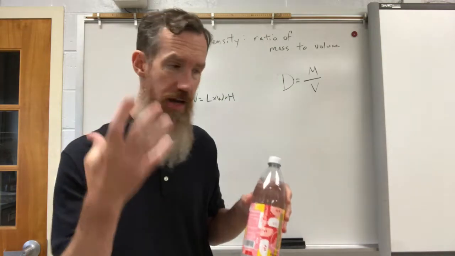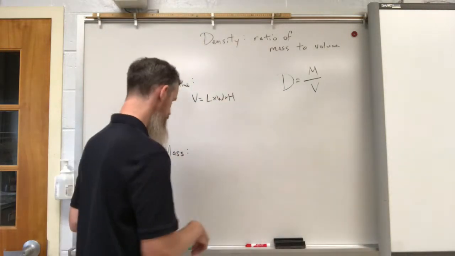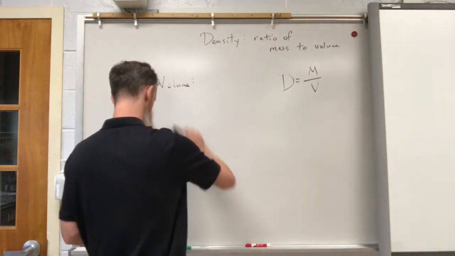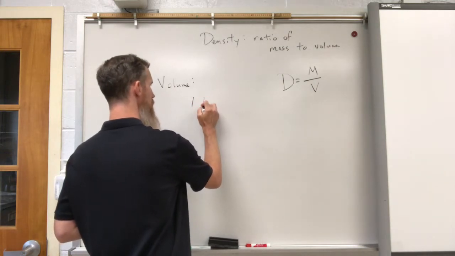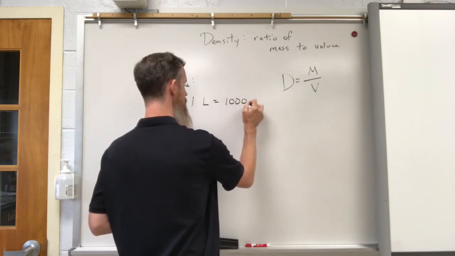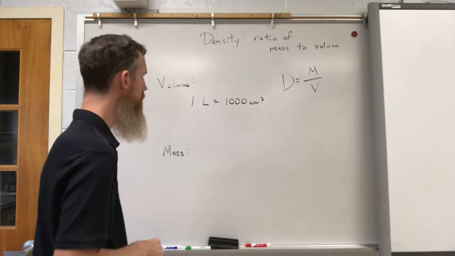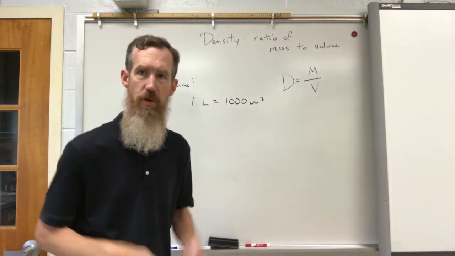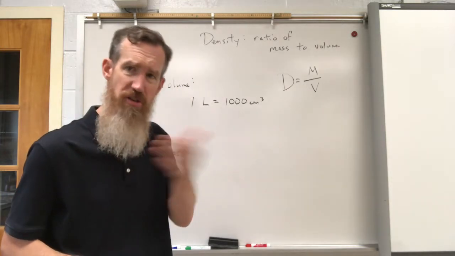So we have two kinds of units of measurement going on, but they have equivalency. We know that 1 liter equals 1,000 centimeters cubed. So we have liters and we have centimeters cubed, but they have a relationship there.